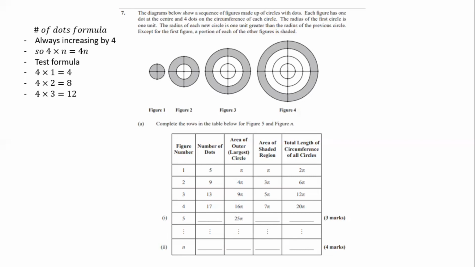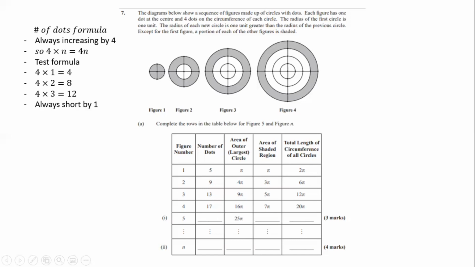So we can conclude that if we add 1 to the current formula, then we will always get the number of dots that is needed. For example, 4 times 1 plus 1 gives us 5, which corresponds to the number of dots in figure 1. Adding 1 to 8 gives 9, which corresponds to figure 2. And adding 1 to 12 gives 13, which corresponds to figure 3.